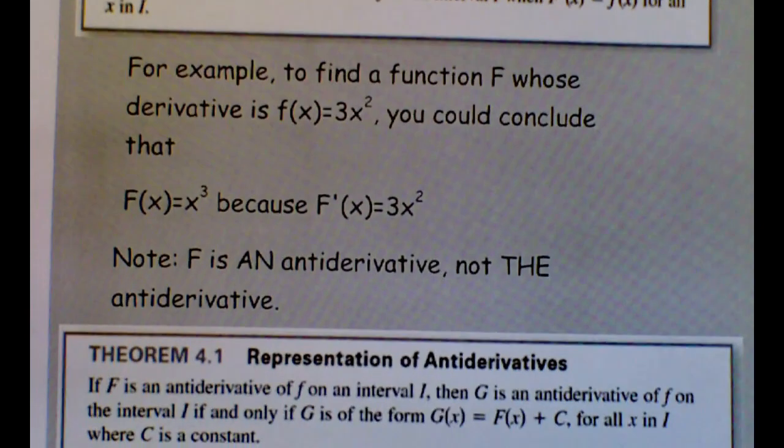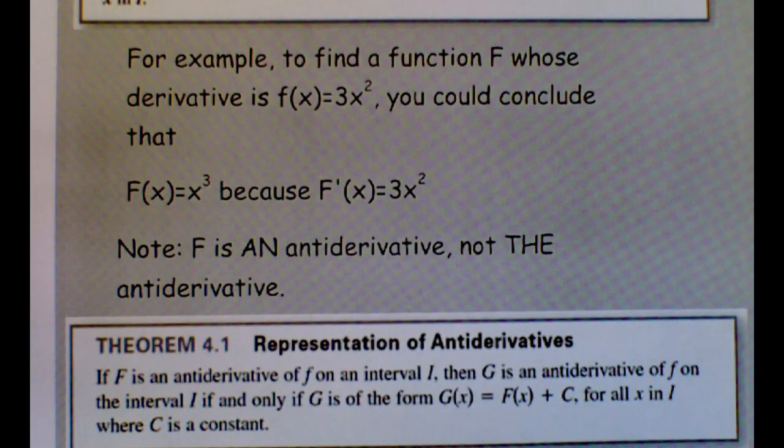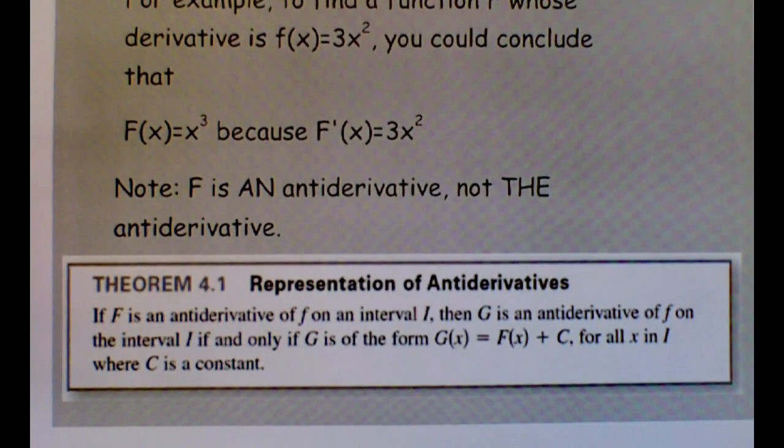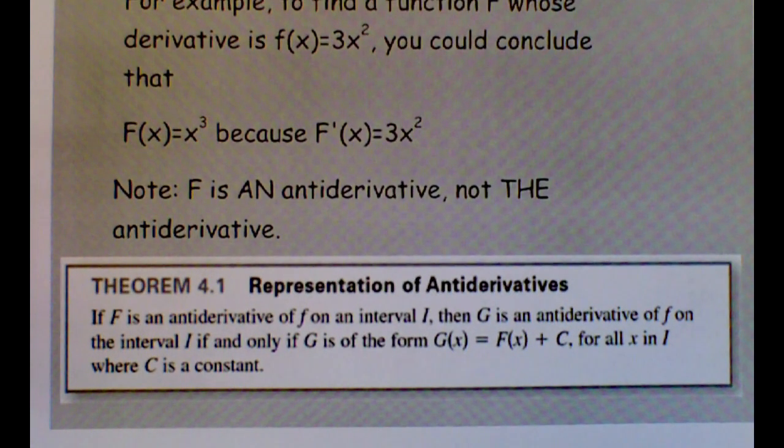An important note here, F is an antiderivative, not the antiderivative, because there could be a plus number. So if F is an antiderivative of lowercase f on an interval I, then G is an antiderivative of f on an interval if and only if G is of the form G of x equals F of x plus c for all x in I, where c is a constant.